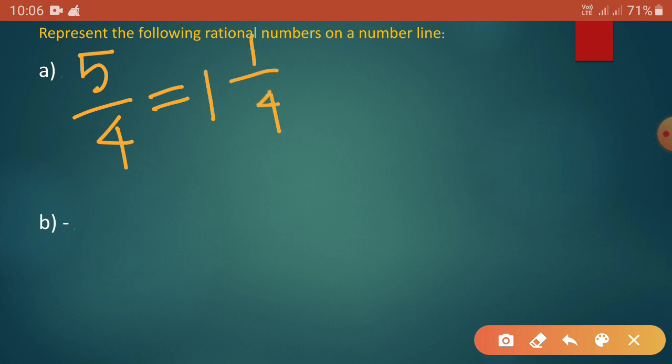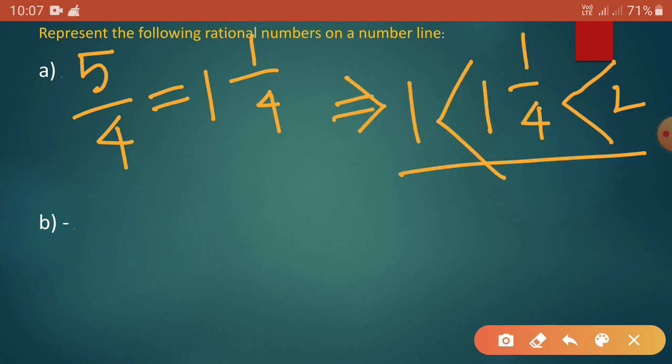Now we can see that 1 by 4 lies between 1 and 2. Since we have 4 in the denominator, we should divide the part between 1 and 2 into 4 equal parts, starting from 1.